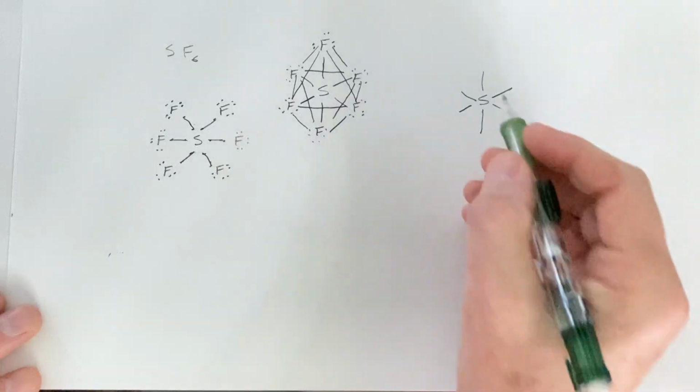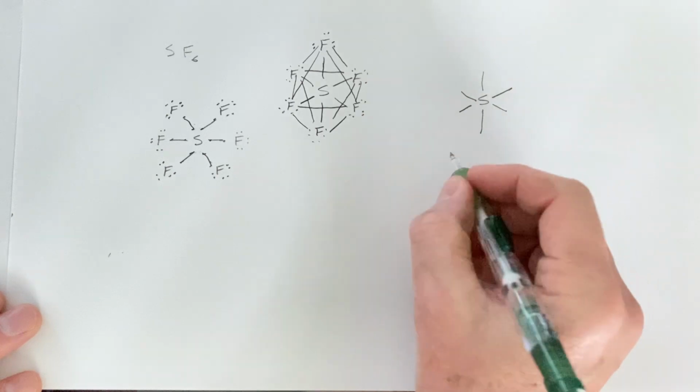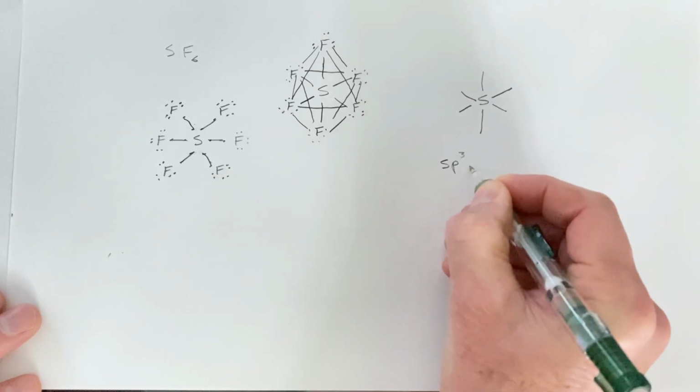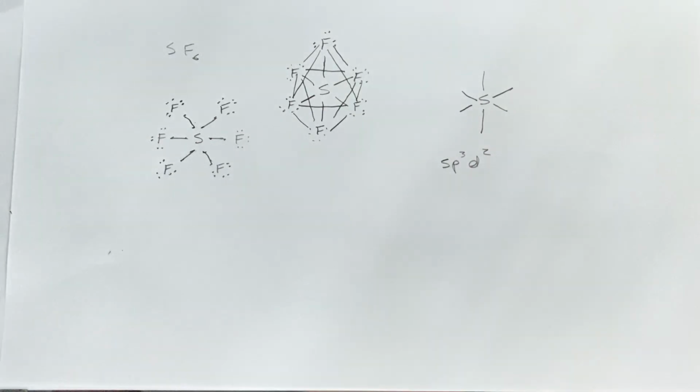So it will hybridize the single 3s orbital and the 3p orbitals. That gets us 4 orbitals total. We need 2 more orbitals, and so it will hybridize 2 of the d orbitals. So as we look at the sulfur atom, we say that the sulfur atom is sp3d2 hybridized.